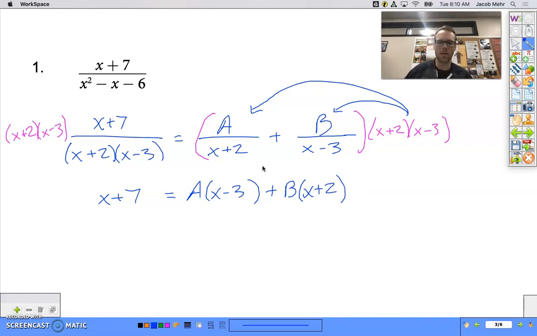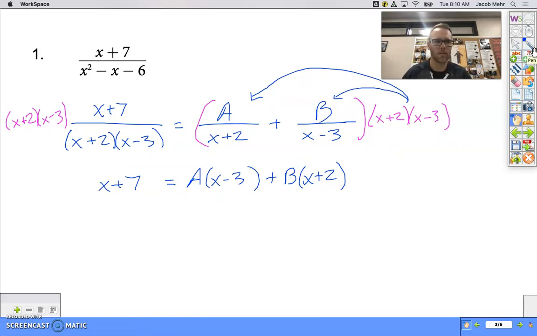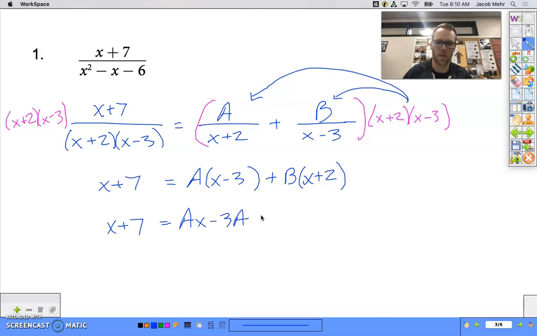All right, so how does that help me? Well, let's continue to work with this right side. Left side, still x plus 7. Right side, Ax minus 3A plus Bx plus 2B. Now, we do have some like terms here.